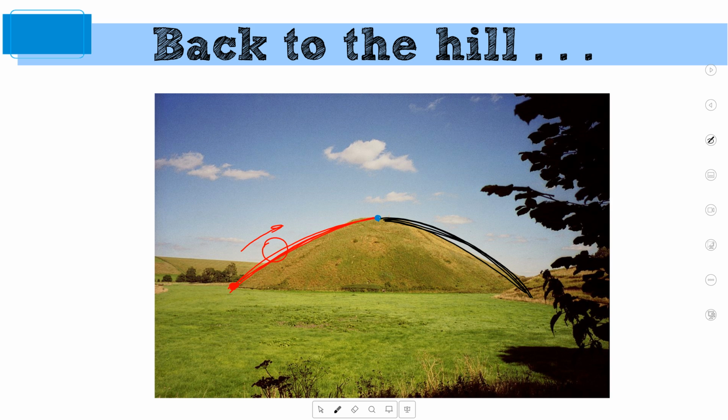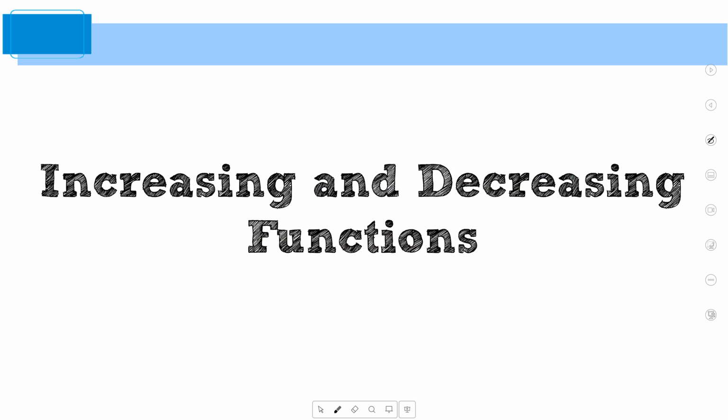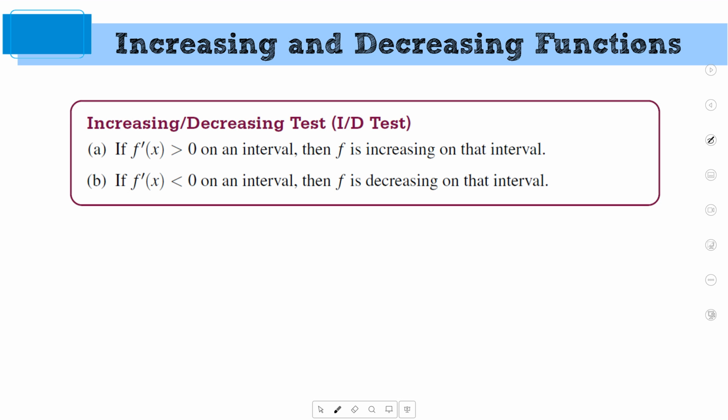The black region, it's decreasing. How do we know where it's decreasing? It's decreasing where the tangent line has a negative slope. In other words, the derivative is negative. And then the blue dot, we know that already, that's where the tangent line is equal to 0, also known as horizontal. Okay, so that's what we just did.